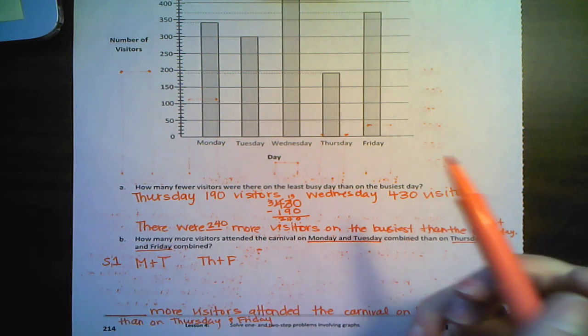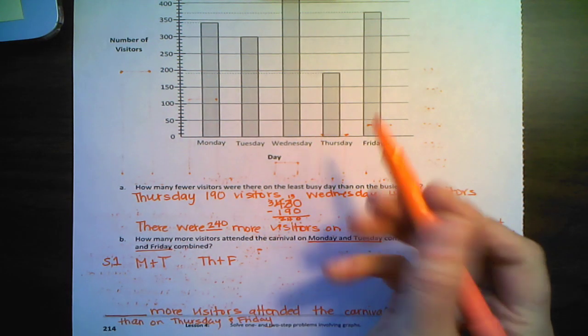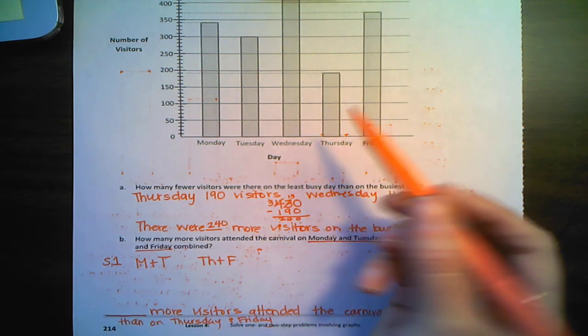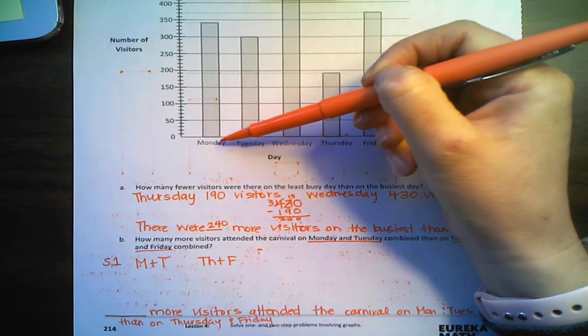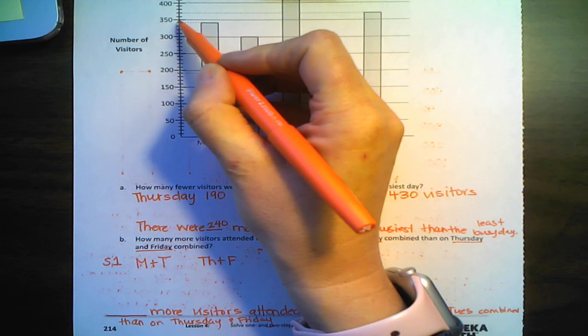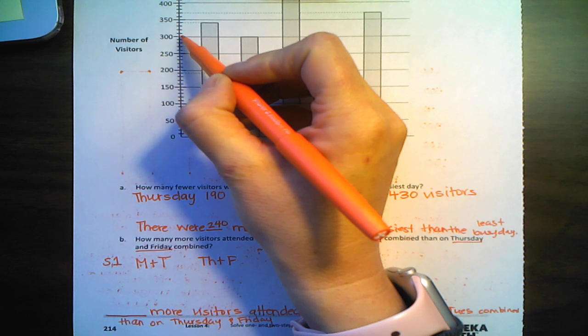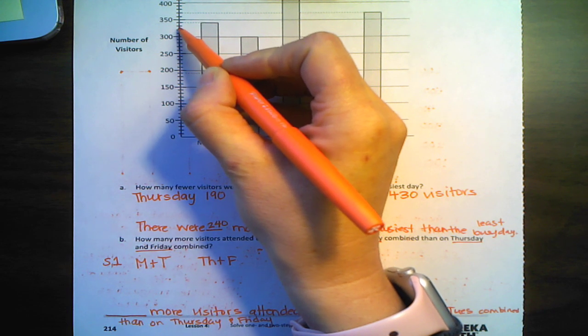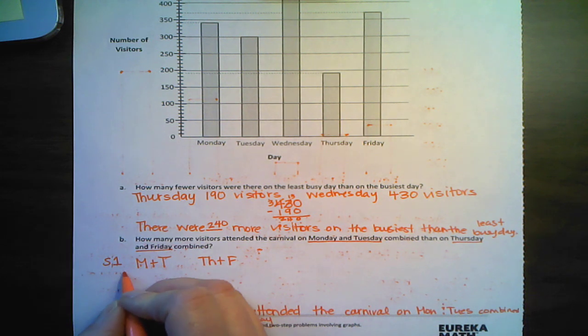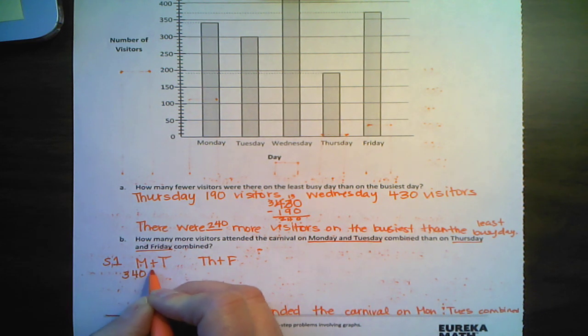Okay. Let's add Monday and Tuesday's attendees together. So first, let's figure out how many were on Monday. If we follow our graph up, let's count from 300 until we get to this point by tens. 310, 320, 330, 340. So Monday was 340.